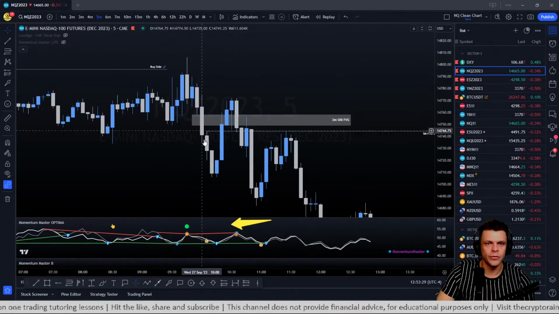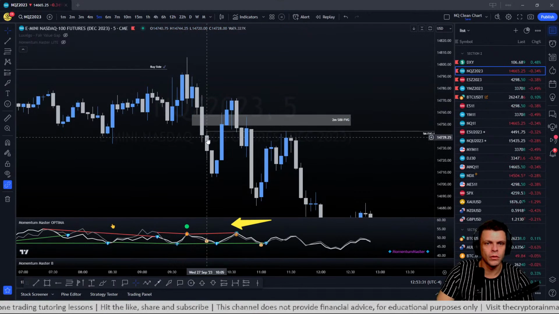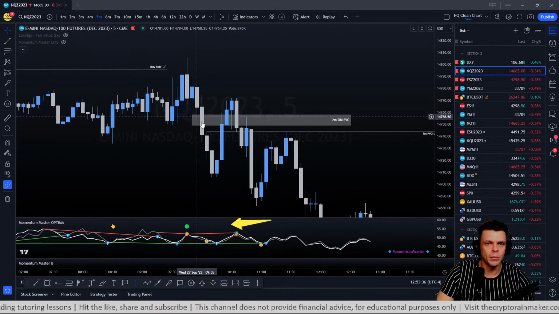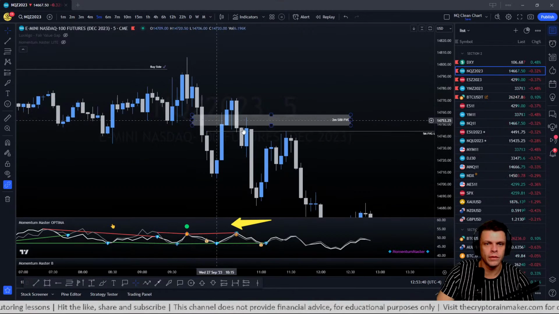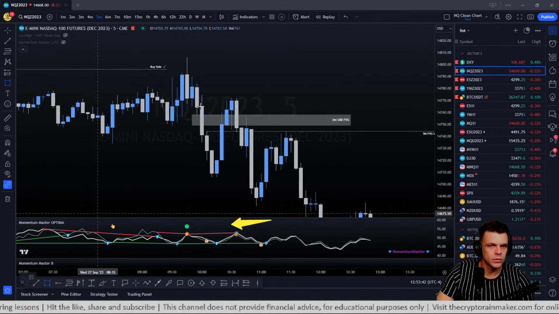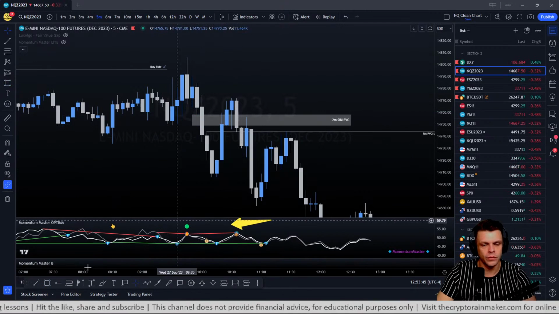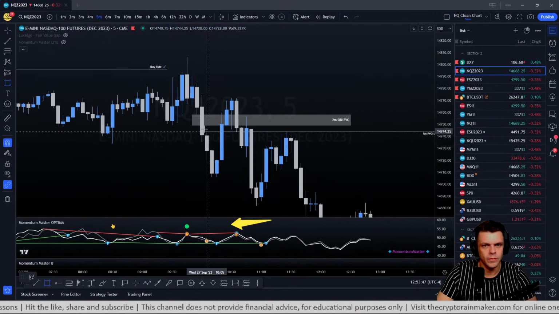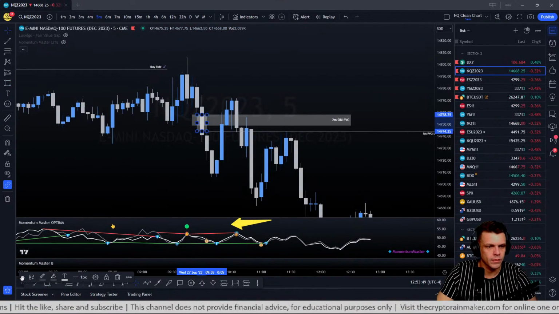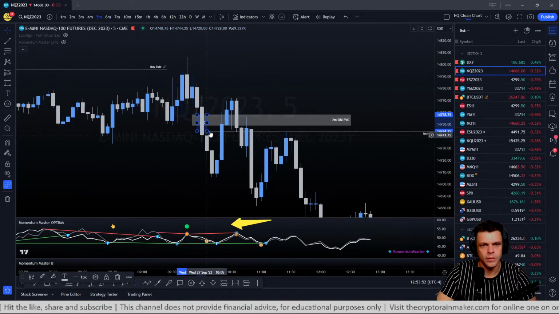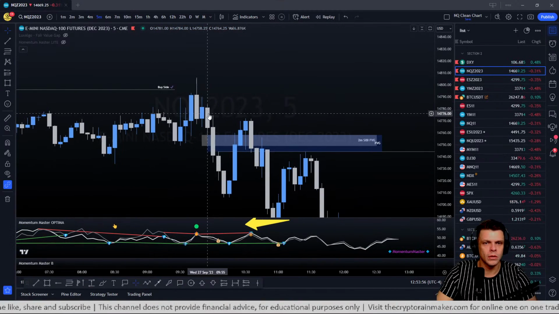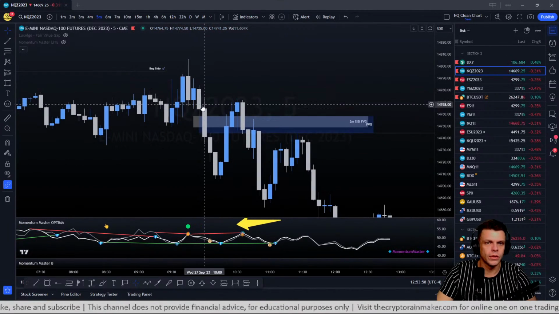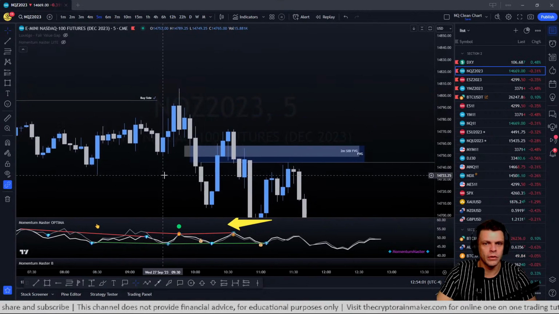A fair value gap is this 3-candle formation, and the fair value gap is the area in between candle 1 and 3 that was not traded through. So that's the fair value gap. Your stop loss is always above the high of the first candle for a bearish fair value gap.